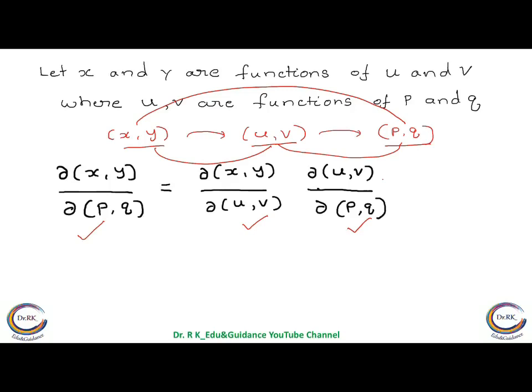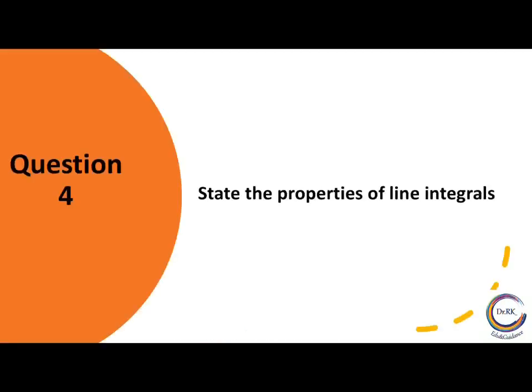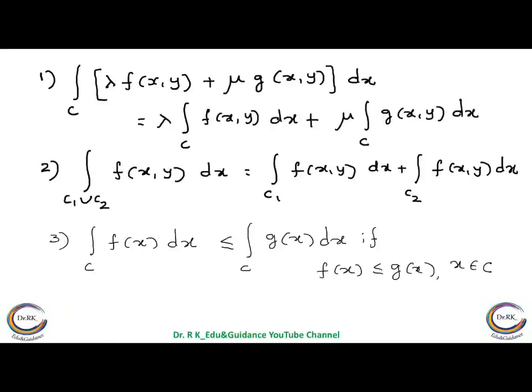Next, state the properties of line integrals. Very simple question. The line integral is an integral over a curve. Generally it's a curve. An integral defined over a curve is called a line integral.